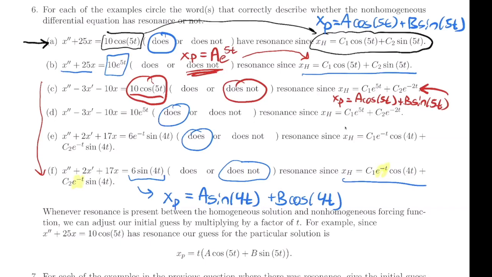So it needs to look almost exactly the same, just off by a constant. And so, yes, this one would not have any resonance because if I plug this into the differential equation, the left side, we won't get 0. So there's not going to be a problem with that. Okay, cool.